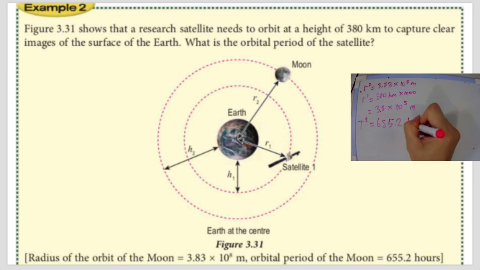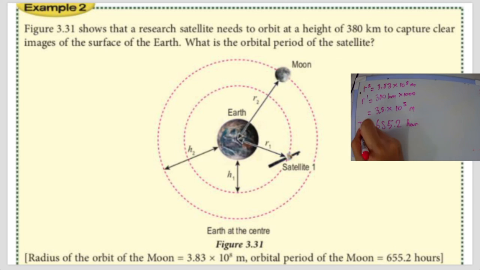655.2 hours. So it takes the moon about 655.2 hours to go around the Earth one time. And finally, T1 is not stated anywhere in the question, and that is what we need to find.